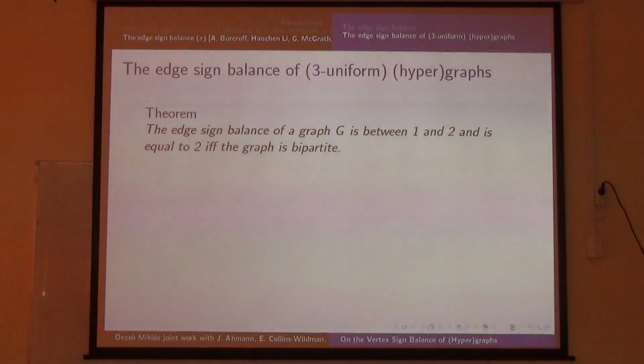And since the uniform size of the edges is 2, therefore 2 is an upper bound, so it's between 1 and 2, and it's 2 if and only if the graph is bipartite. So it's a very easy application. Probably once you get to the bipartite graph section in the graph theory class, then you can introduce this problem.